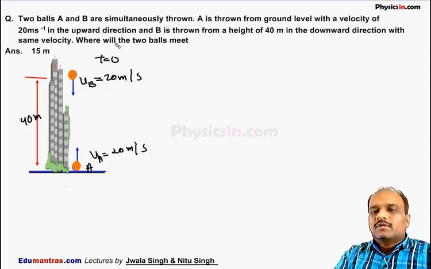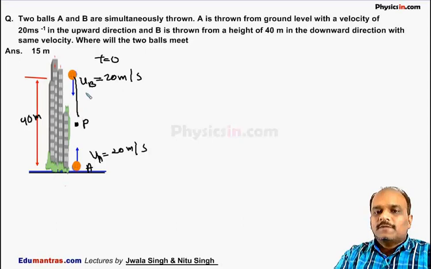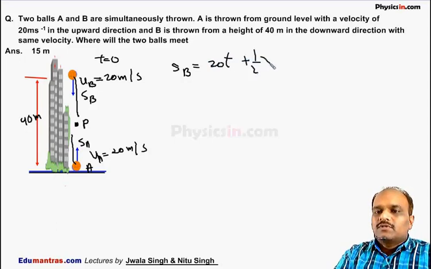You have to calculate where the two balls will meet. So let these two balls meet at this particular point. Let this be SB, let this be SA. So I can say SB is equal to 20, because 20 is downward, SB equals 20 into T plus half g, means 10, into T square.